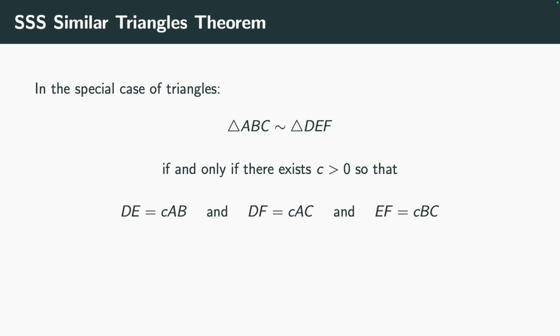So DE is c times AB, DF is c times AC, and EF is c times BC. This theorem is not super difficult to prove, but we will postpone the proof for a little bit later because we need some tools before we can talk about that fully.